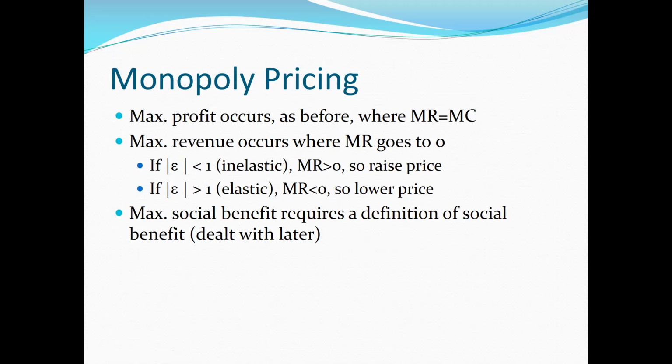But if your demand is elastic and you still want to maximize revenue, your marginal revenue is less than 0. So if your elasticity value is greater than 1, that means you have elastic demand. That means your marginal revenue is less than 0.